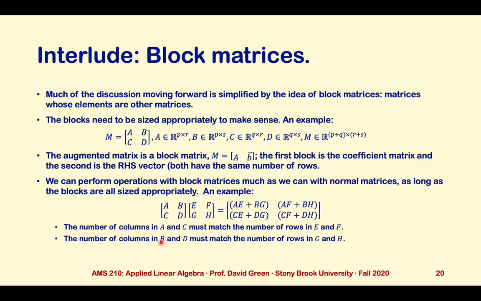The number of columns in B and D must match the number of rows in G and H, so that BG, DG, BH, DH are well defined, and so on.